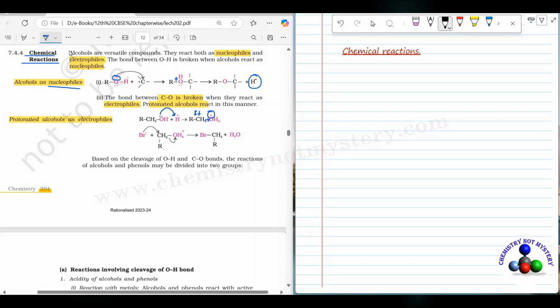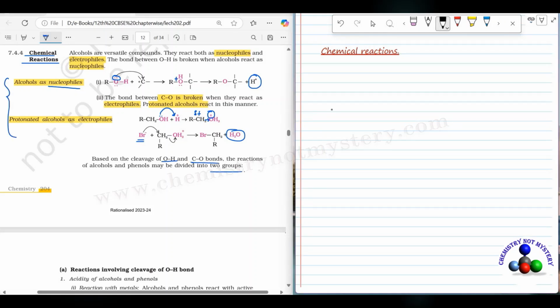Now this electron deficient center acts as an electrophile. So when Br negative comes in the medium, it will react with the electron deficient carbon and expel the OH2 positive ion in the form of a water molecule, which is a good leaving group. And that's how protonated alcohol undergoes a nucleophilic substitution reaction.